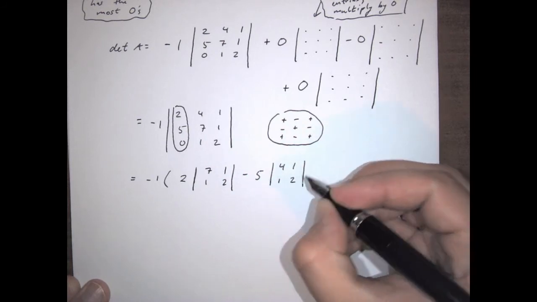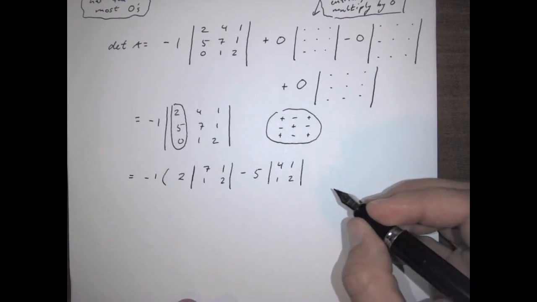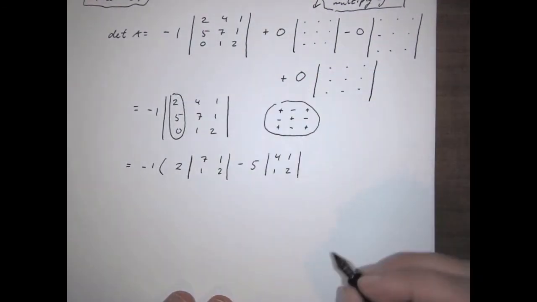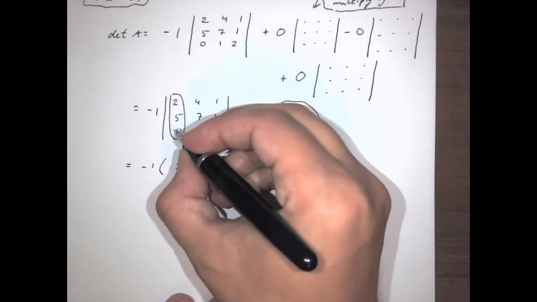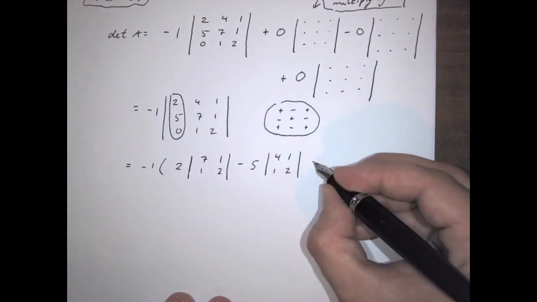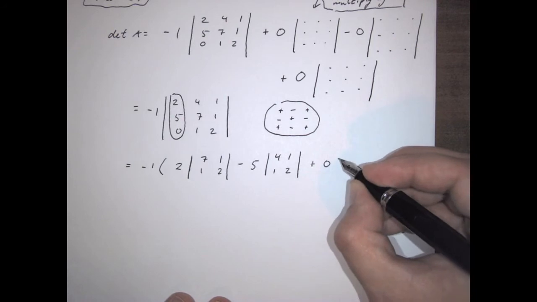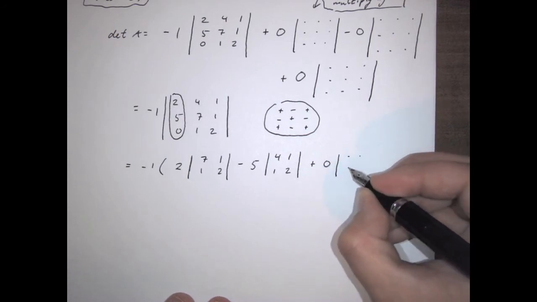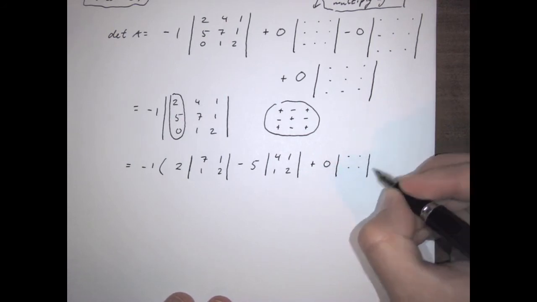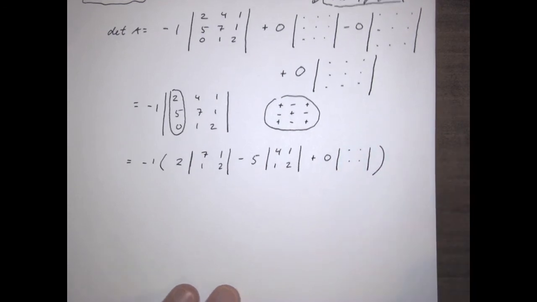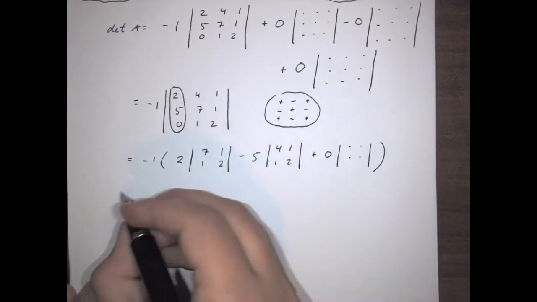And here, just as I work down, I just delete column 1 and row 2 in this case, and next will be row 3. 0 times, and again, if it's 0, not even worth my time. That's the whole advantage of having zeros.